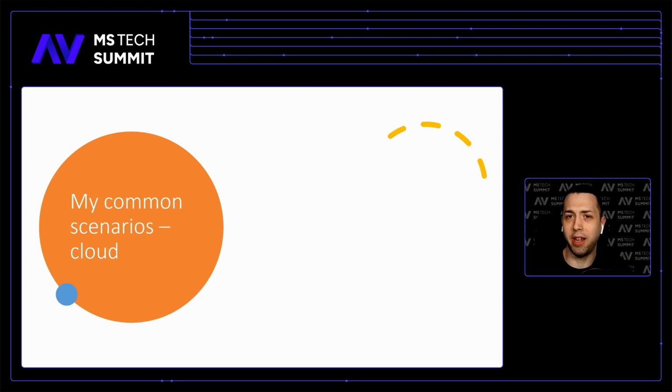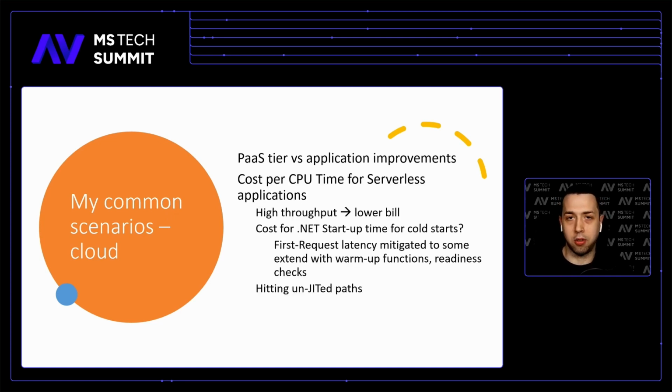So what I commonly run across is making decisions. Do I scale my cloud infrastructure up to get more performance if I run into bottlenecks, or do I spend time improving the applications? So it's usually a cost analysis: does it cost me more to actually work on hard problems of improvement, or do I just pay more money to Azure? But also in serverless applications, I really get charged for the CPU time that I use.